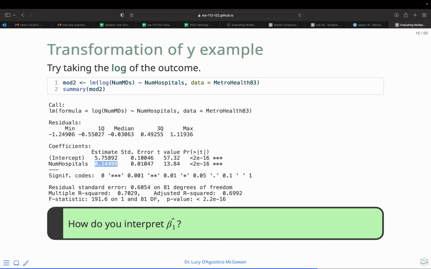It's almost right. The only difference is now you would say for every one additional hospital, the expected change in the log number of MDs is going to be 0.1449. So now it's not just dictating the number of MDs, but rather, on the log scale, the number of MDs. So when you make these transformations, you need to make sure that the beta coefficients are interpreted with those in mind.